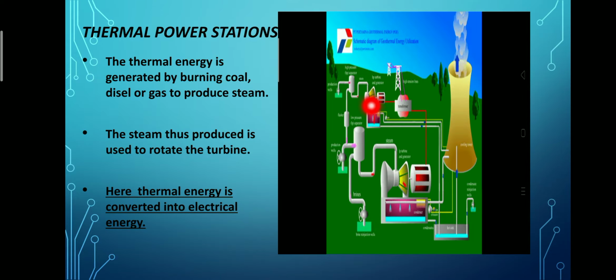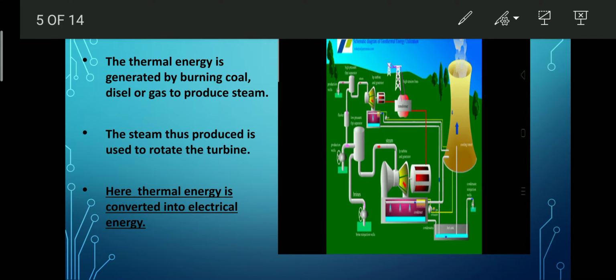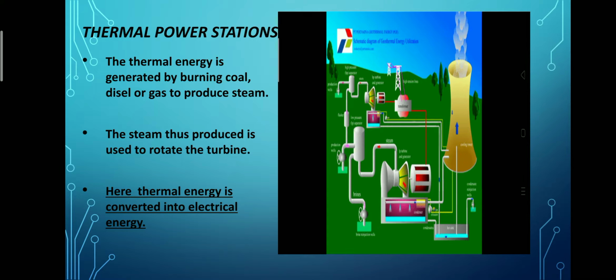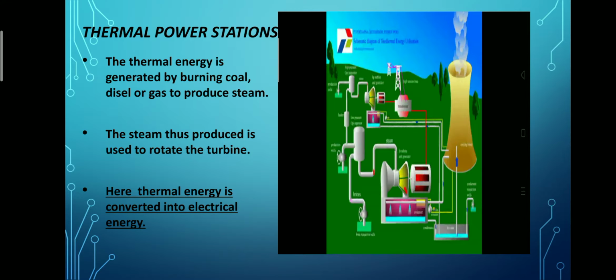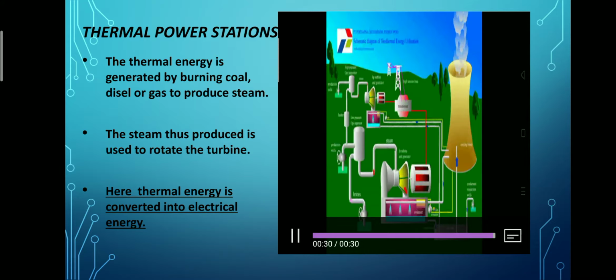The turbine is connected to a coil, and this coil is kept between electromagnets. When the turbine rotates, the coil also rotates, which leads to electromagnetic induction, and so current, that is electricity, is produced there.